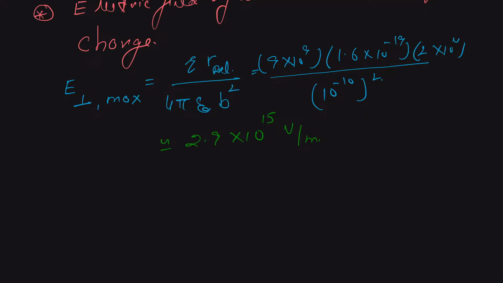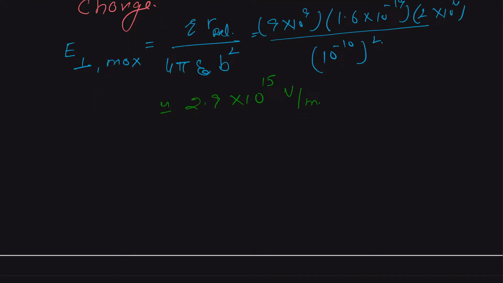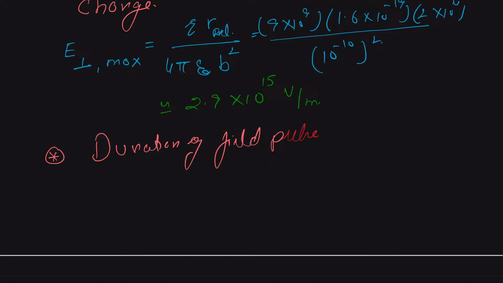And secondly, we are supposed to find out the duration of this pulse, and that is based on the standard formula. We can write that the duration of the field pulse, delta t, will be approximately equal to b upon gamma times c.